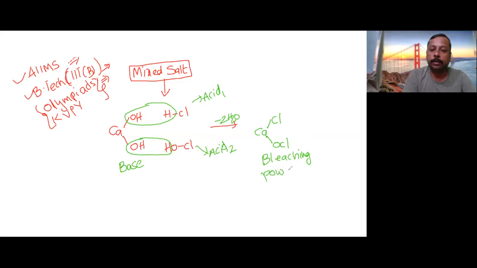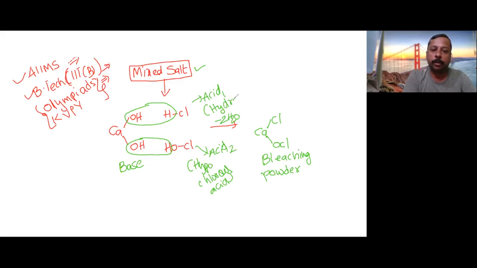Bleaching powder is an example of what? Mixed salt. Mixed salt of calcium hydroxide, hydrogen chloride and hypochlorous acid. So a question will be there: which of the following acids are required for bleaching powder?